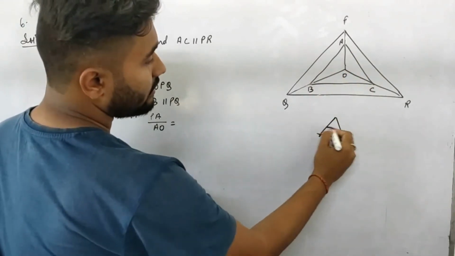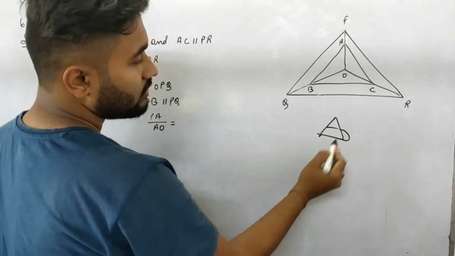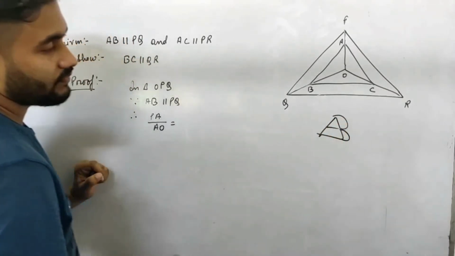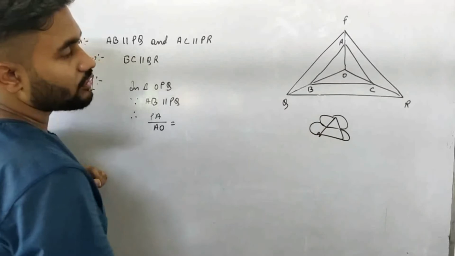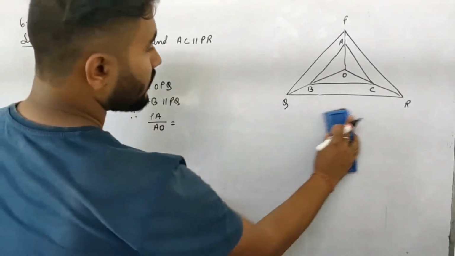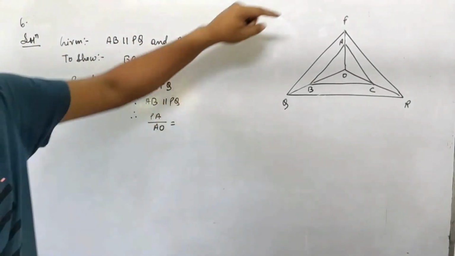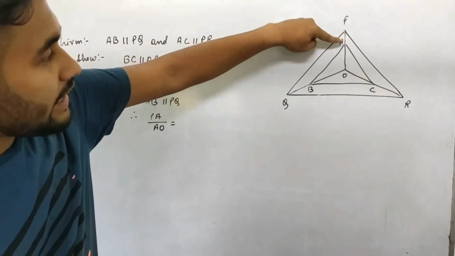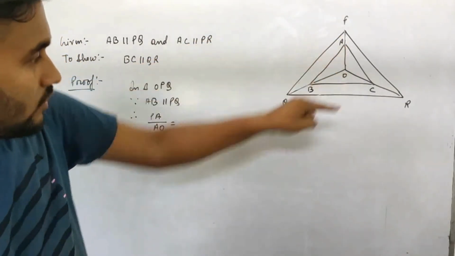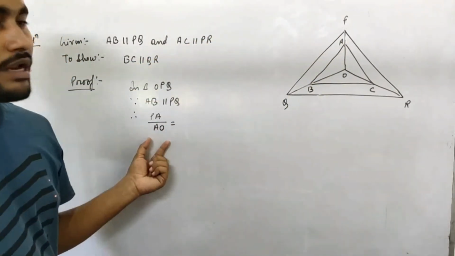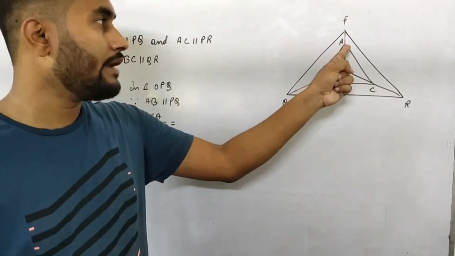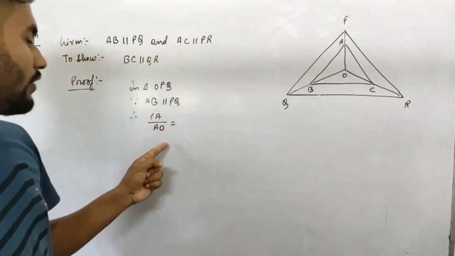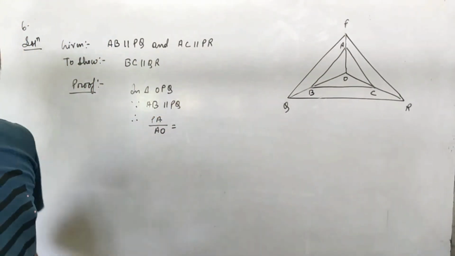From P to A means PA by AO, or you can write it like that also, OA by AP, from O to A and then A to P, the same thing, the reciprocal of that one.